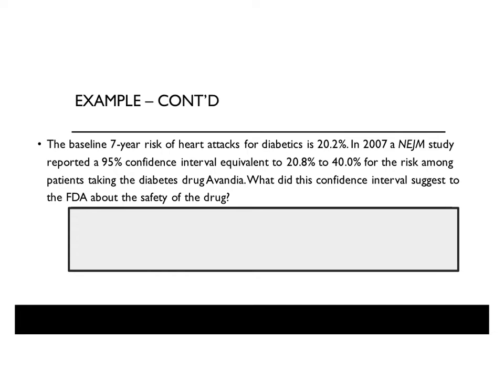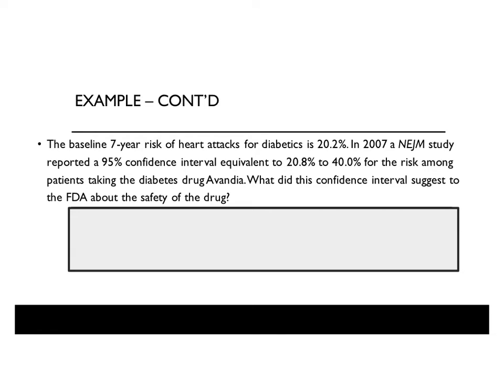Back to Avandia. The baseline 7-year risk of heart attacks for diabetes is 20.2%. The journal reported a 95% confidence interval of 20.8% to 40% for the risk among patients taking the diabetes drug Avandia.